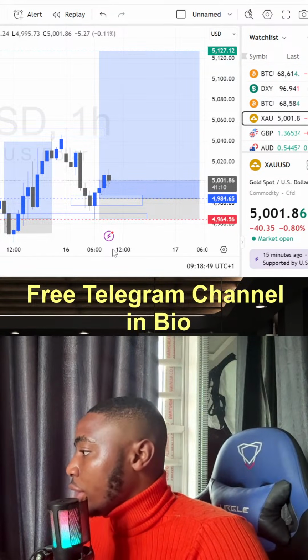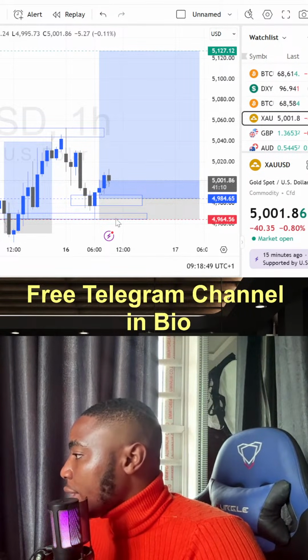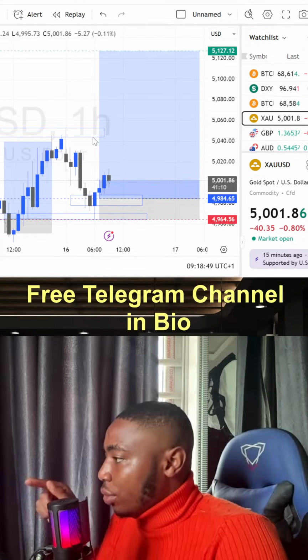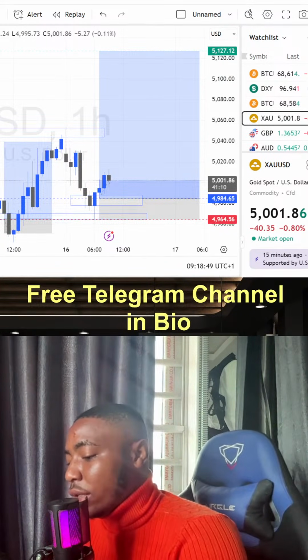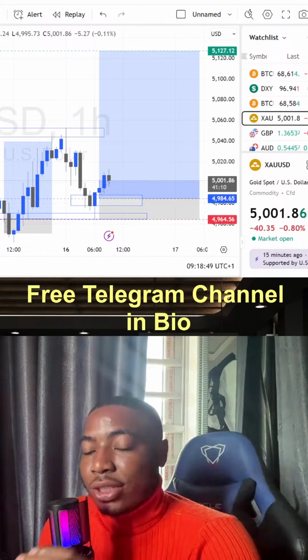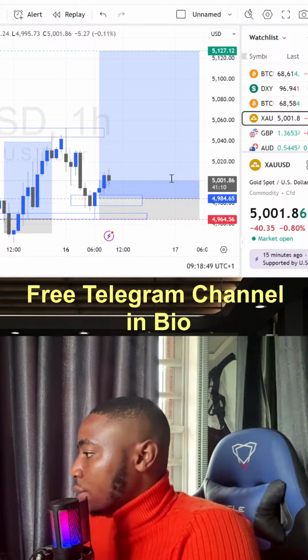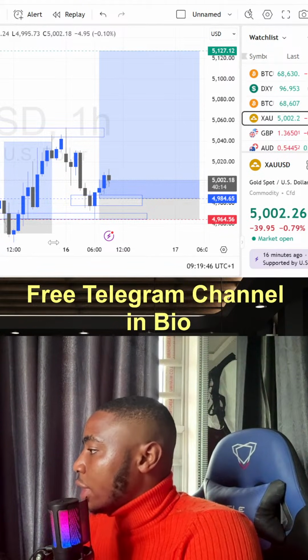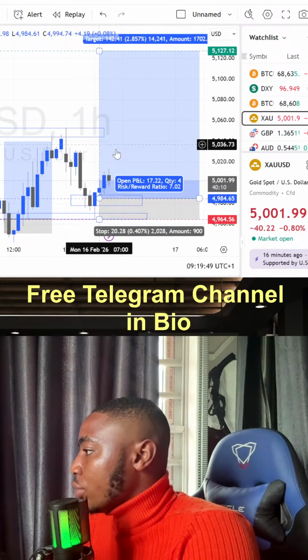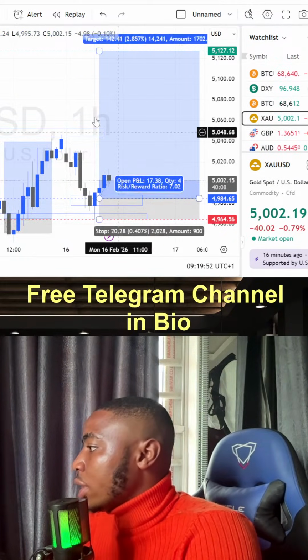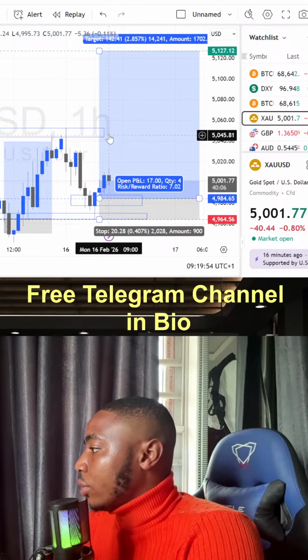You can just rewind when you join and see when I explained the reason for taking this buy setup. I explained in detail, marking out all these zones, measuring, and all that, the reason I took my entry.